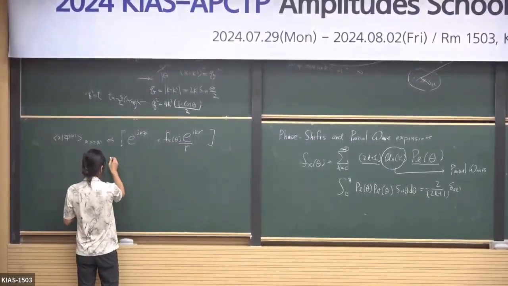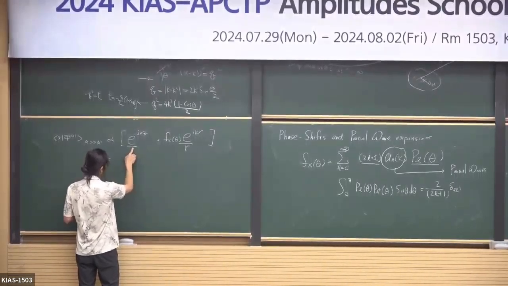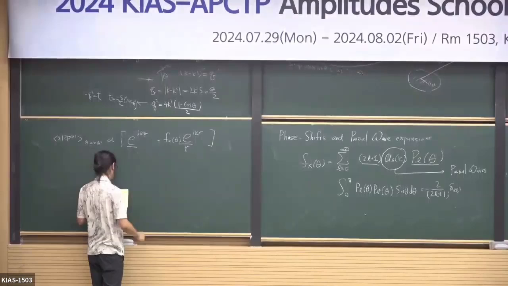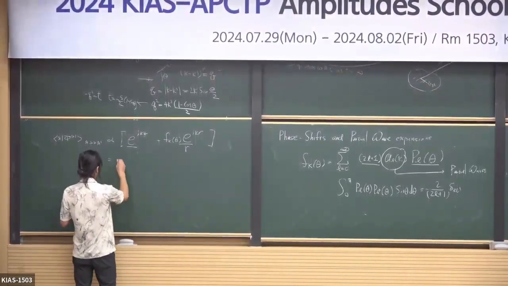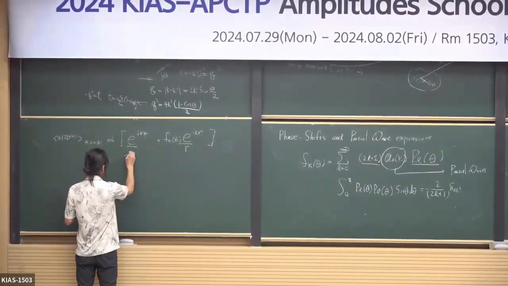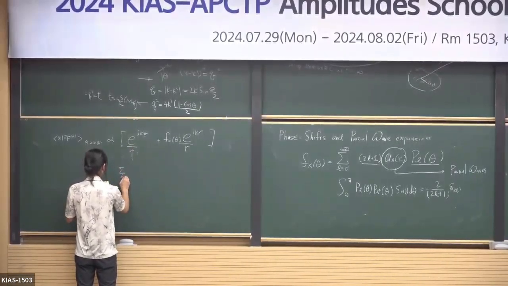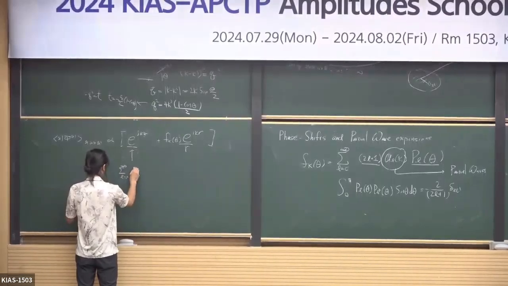Then you can see that I can now also expand. We know that this is expanded on partial waves. We can also expand this exponential ikz on the partial waves.